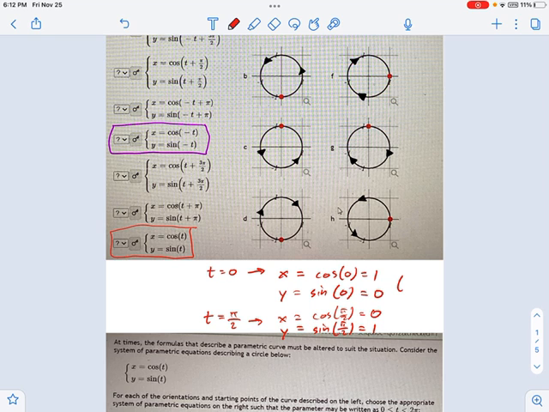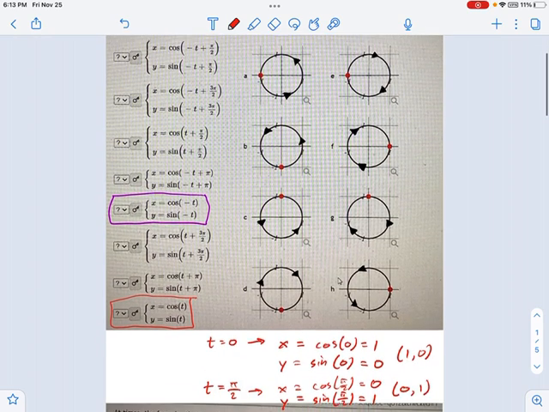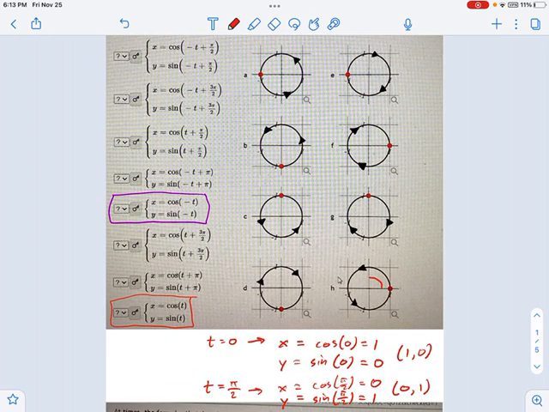We're starting at x equals 1, y equals 0, and we're moving to x equals 0, y equals 1. And we'll have more values for all the values of t, right? 0, pi over 2, pi, 3 pi over 2. You could even pretend there's fractions in between, like pi over 4 or whatever. But we've got our first one right here. Okay, see, that's the direction implied by those equations.